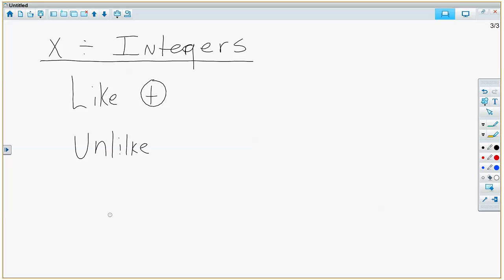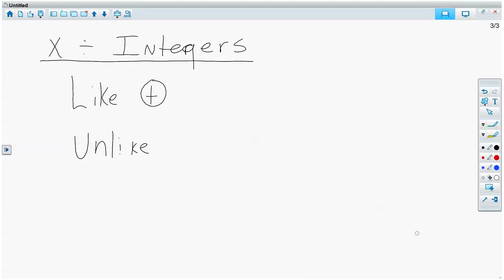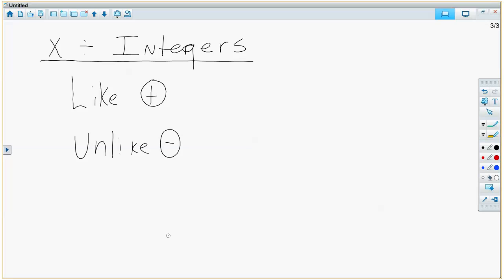Unlike. Unlike is negative. So what's negative 4 over negative 2? Well, it's like signs. So your answer is positive 2. What's negative 21 over positive 3? Well, that's unlike signs.